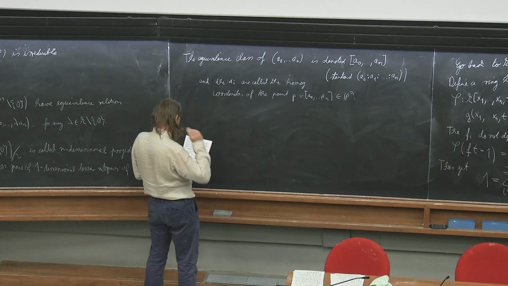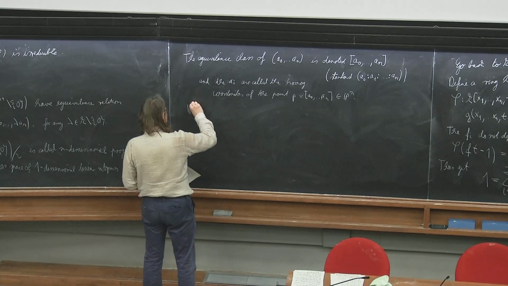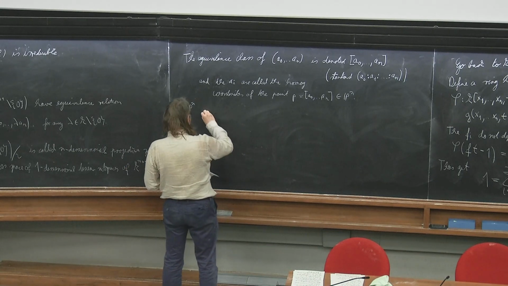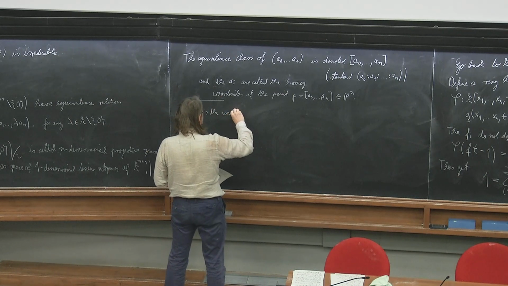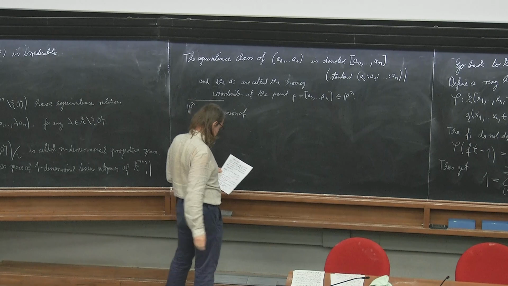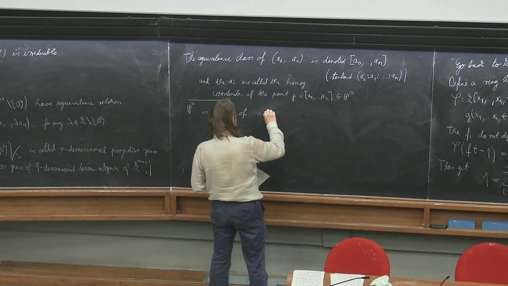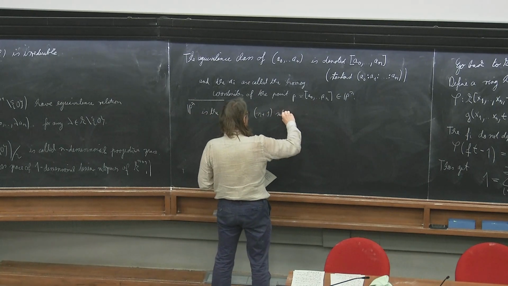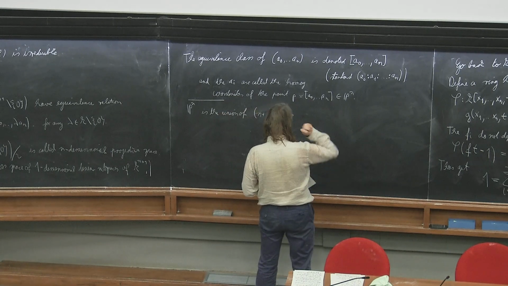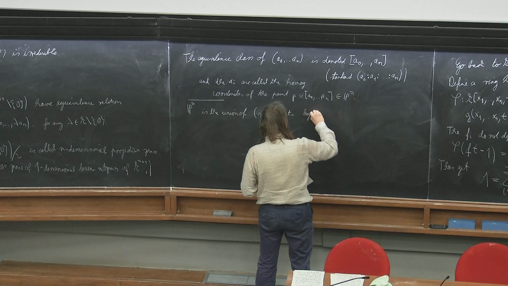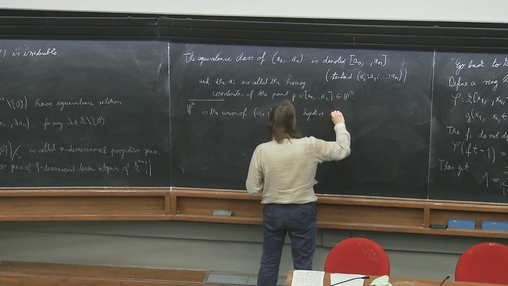So Pn is the union of n plus 1 subsets, which are all bijective in a natural way to A^n.